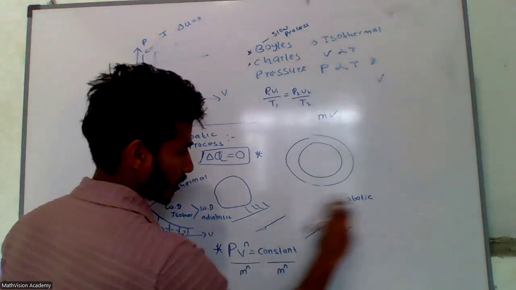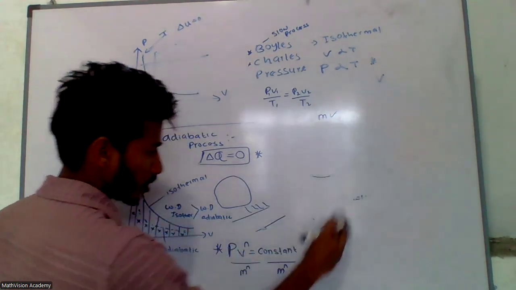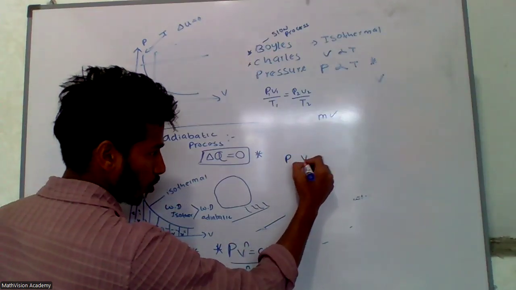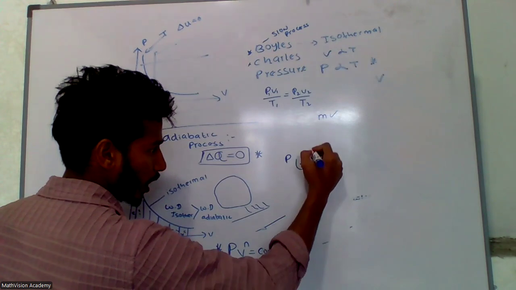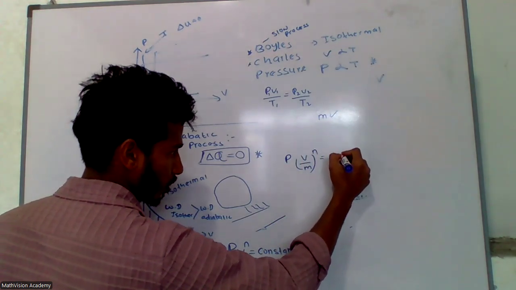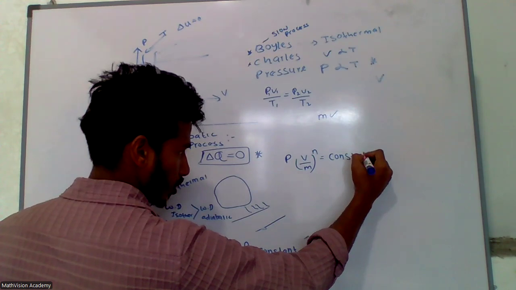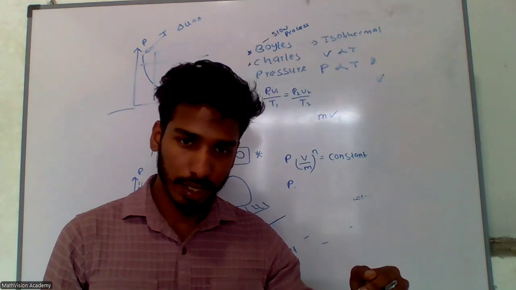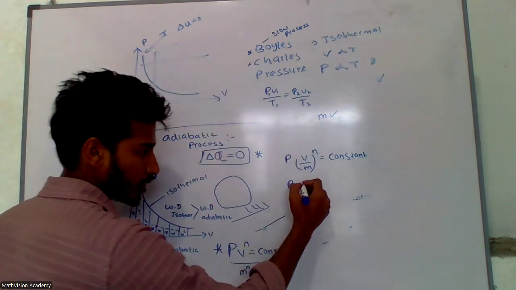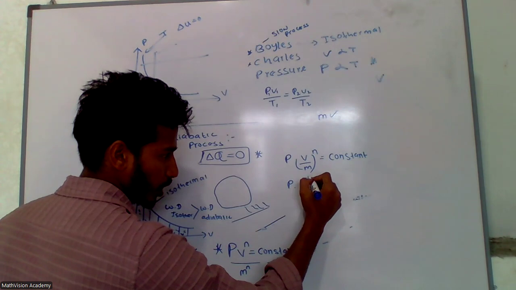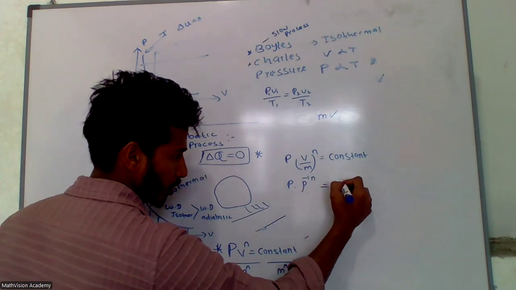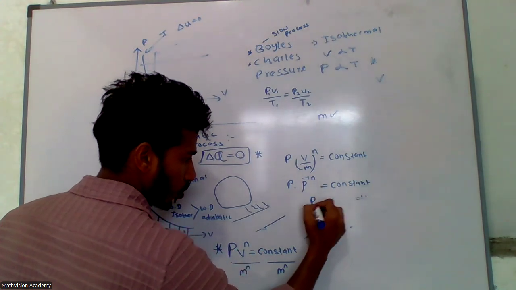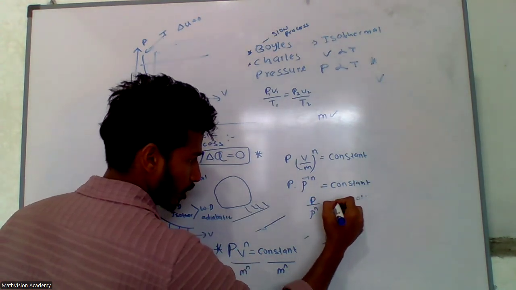So you should understand PV over m whole thing to the power n is a constant. So pressure, mass over volume is your density. So volume over mass is inverse of your density to the power n is a constant. So you can write pressure over density to the power n is a constant.